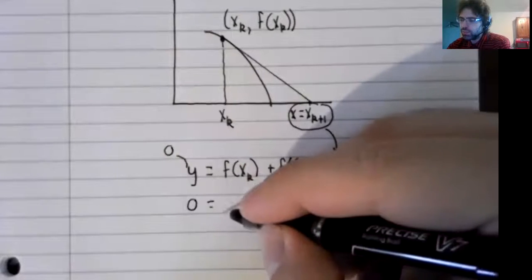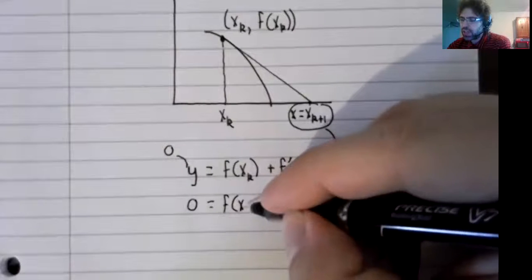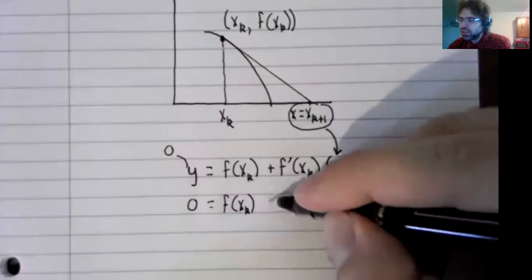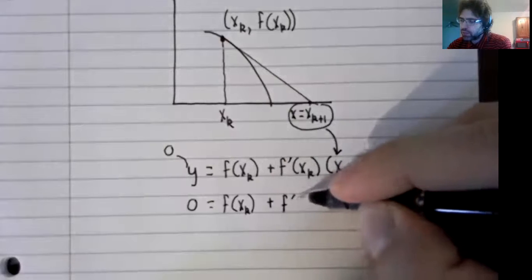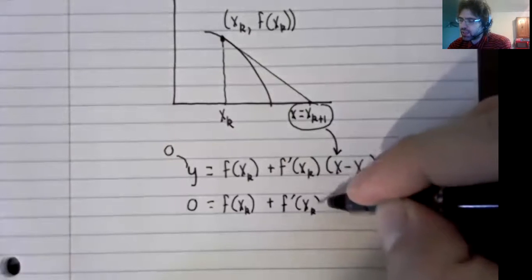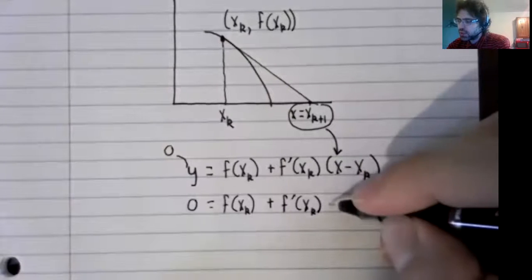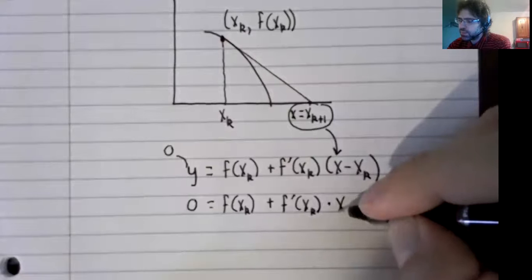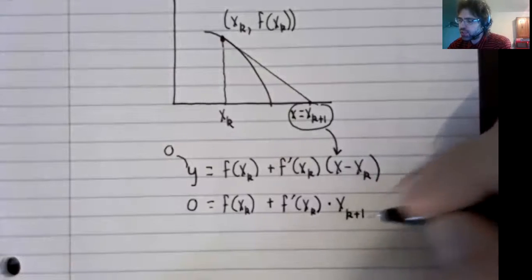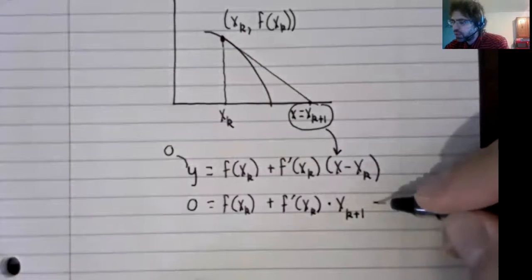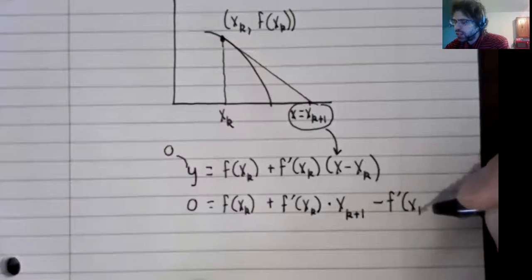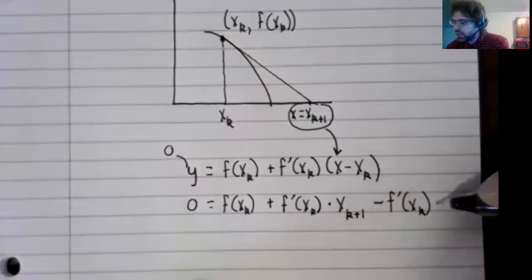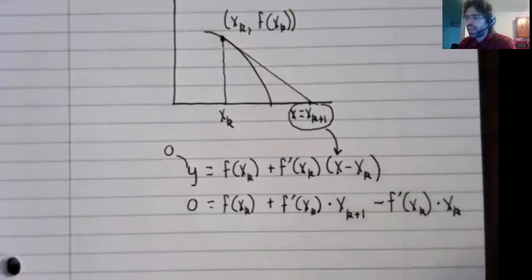So 0 equals f of x sub k plus f prime of x sub k times x sub k plus 1 minus f prime of x sub k times x sub k.